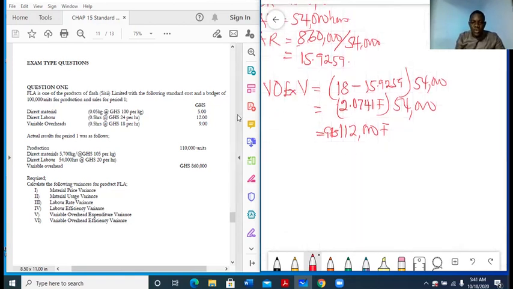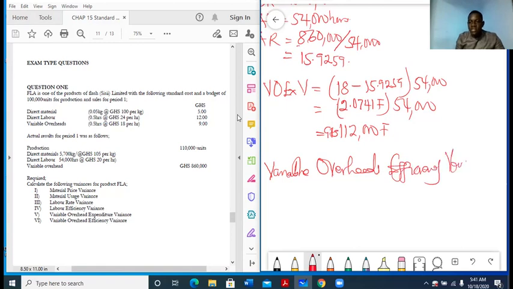Now let's look at the variable overheads efficiency variance, that is VOEFFV.